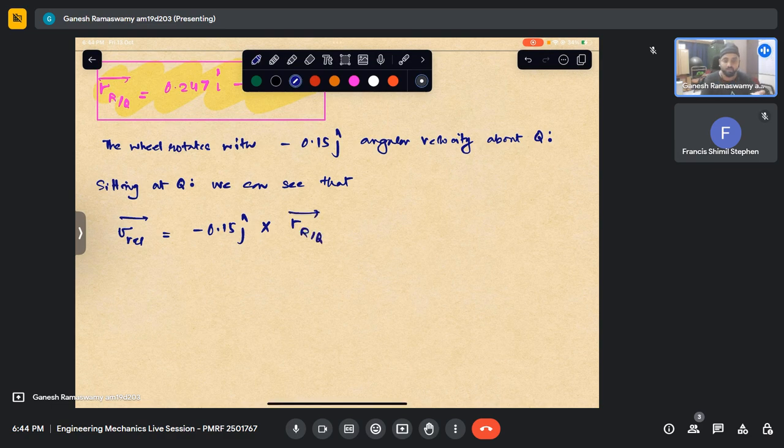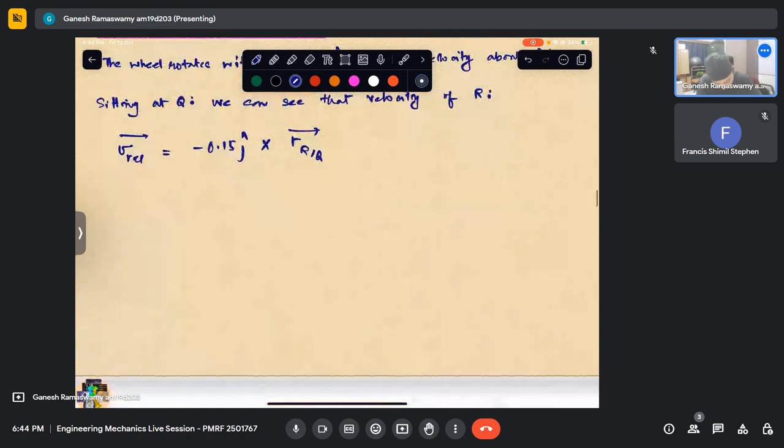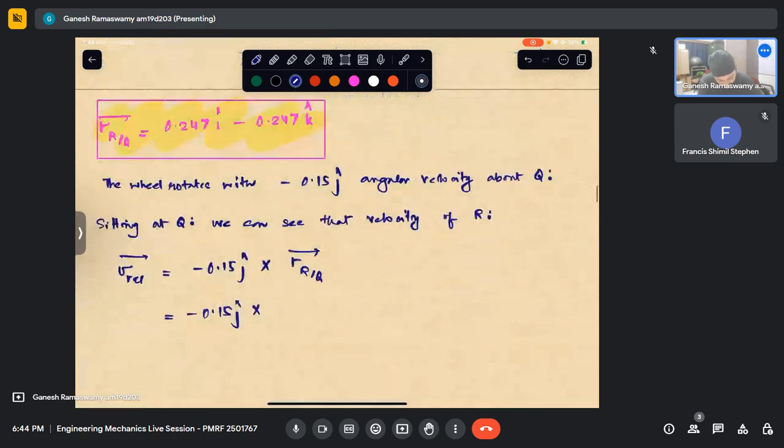We can see that the velocity of point r will be this, which is nothing but minus 0.15 j crossed with this quantity.